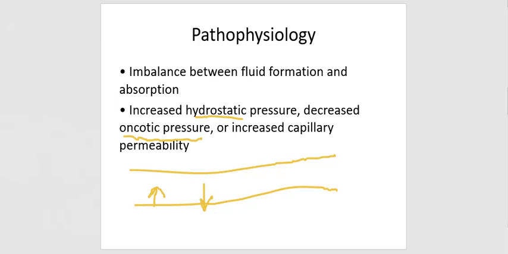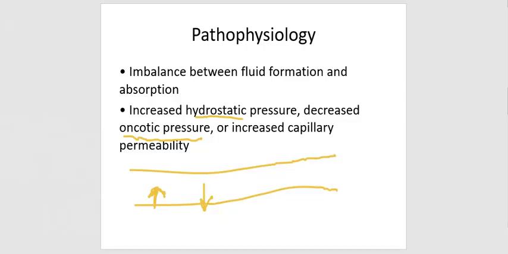So for us to maintain these fluids within the vessel, the oncotic pressure, the force pointing upwards, has to have more strength than the hydrostatic pressure, the force pointing downwards. Now, when the opposite happens, where hydrostatic pressure is more than oncotic pressure, this fluid is going to definitely leak out of the vessel, and in this case, it's going to leak into the pleural space and cause pleural effusion.